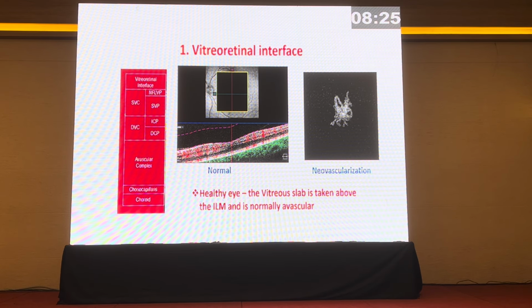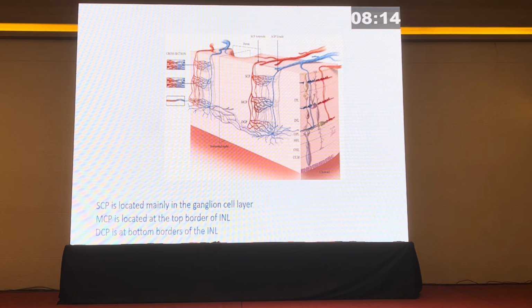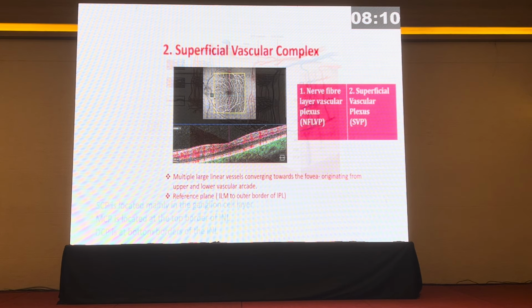One is the vitreoretinal interface, which is on top of the retina. So any neovascularization which has crossed the ILM and gone into the vitreous can be picked up there. Then these are the capillary plexuses, the superficial, the middle, and the deep. The superficial capillary plexus has the nerve fiber layer vascular plexus as well as the superficial vascular plexus, which is quite superficial.